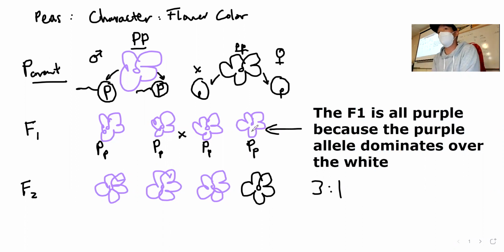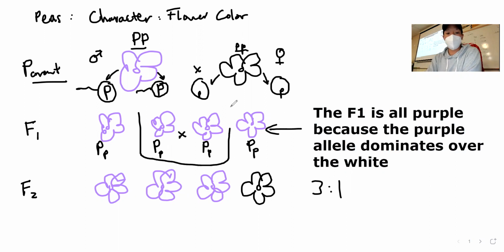Is it gone from those flowers? No, it's just kind of hiding in there, right? It's dormant, so to speak. And it's just hanging out in there. It's not being used because the flowers are obviously purple. But the fact that the white is still there means that white can still be passed on to the next generation. Okay? And so that's what we're going to do now for the F2, right?